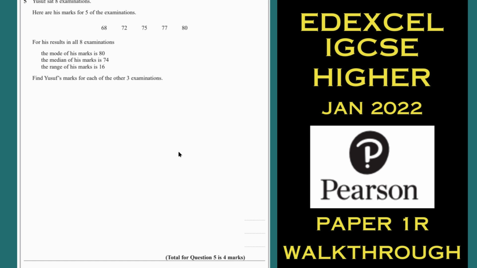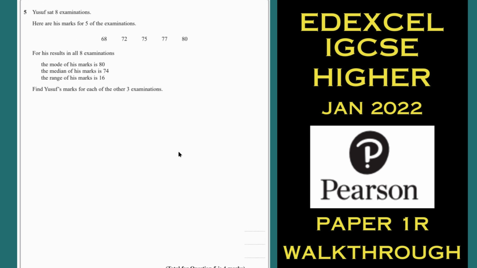Number 5, one of those puzzly questions. So we've got 5 numbers, but he's sat 8 exams. Now, I will just say there's only one set of solutions for this. All right, there's only one possible outcome here.